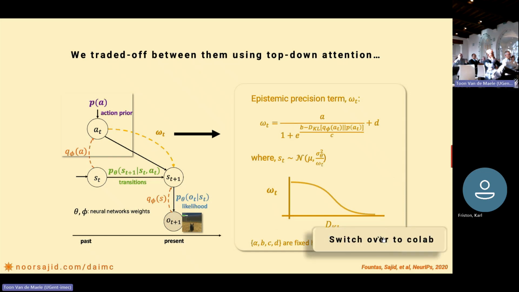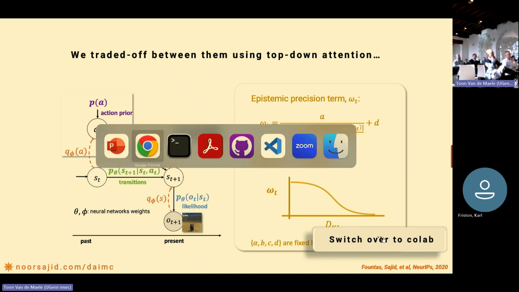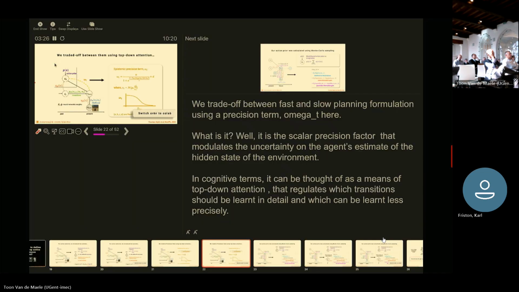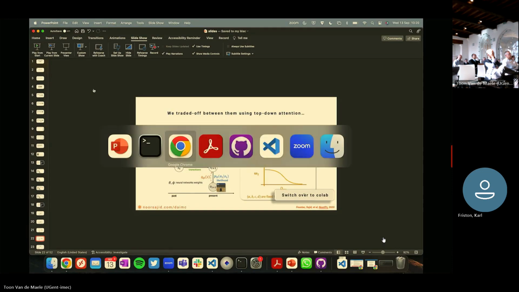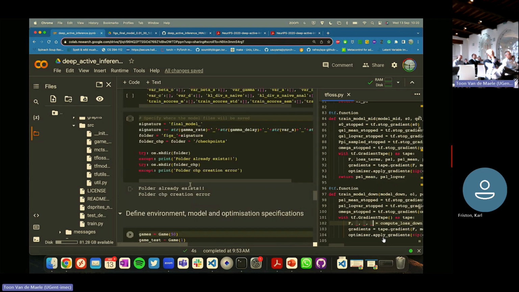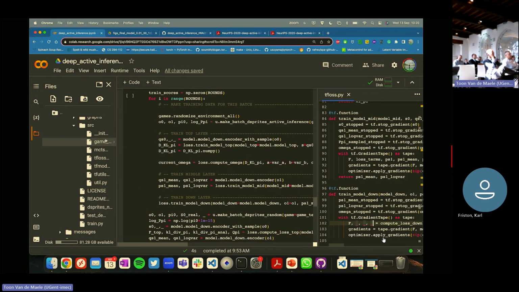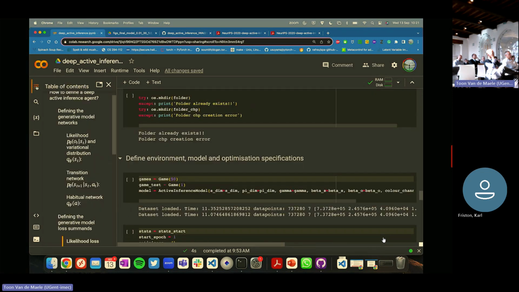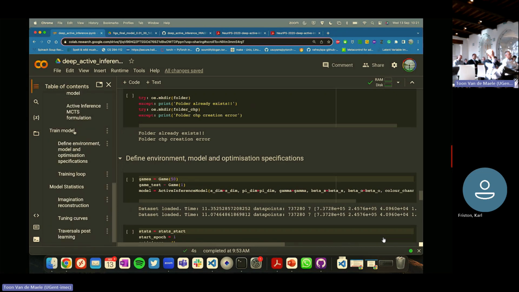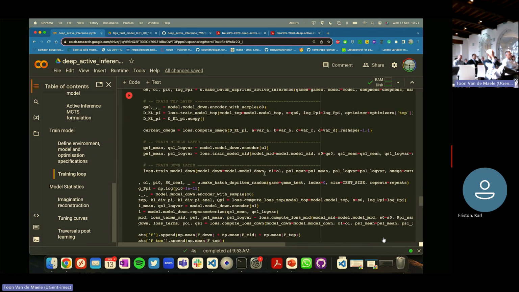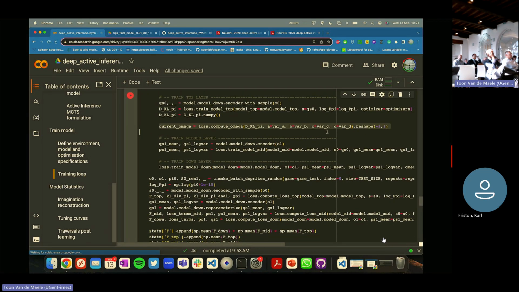Okay, so I'm going to move back to the code. We're going to jump a little bit here, and I want you to go down to this part. If we look at the table of contents, we're in the train model section, looking at the training loop. Here, I just want to highlight how we're actually calculating the omega.